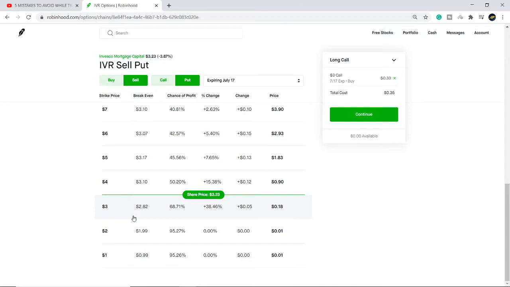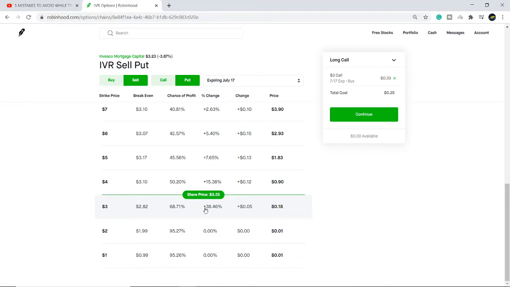So that'll be $300. So you lock in $300 in collateral, right? And then you collect this 18-cent premium times 100, which is $18, which you get immediately after completing the transaction. So you can spend it on anything, want to buy McDonald's, you can do that. Or if you want to reinvest it in stocks, you can do that as well.